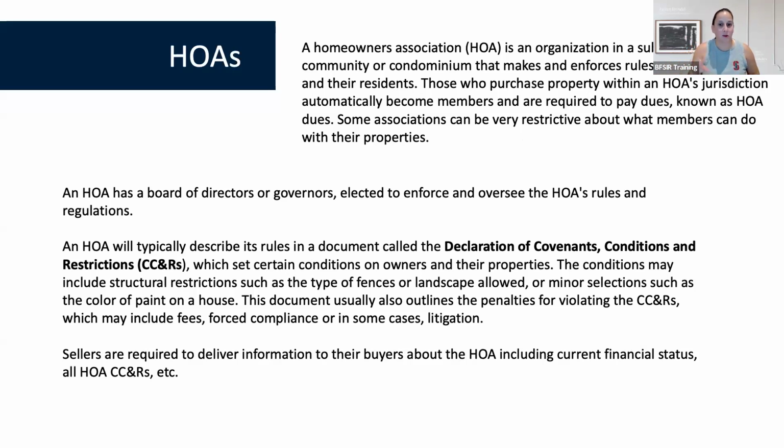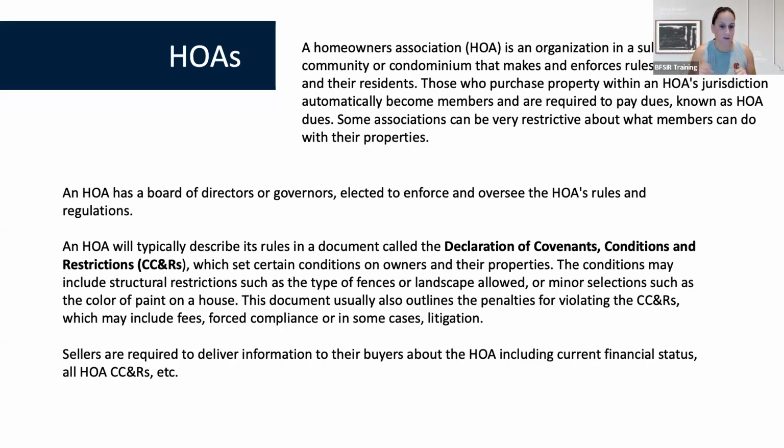So an HOA has a board that oversees the rules, and then the rules are described in the CC&Rs, which is what those HOA documents are. When you have a property that's in an HOA, you're going to get the CC&Rs, the covenants, conditions, and restrictions.